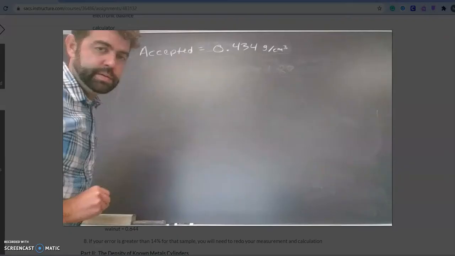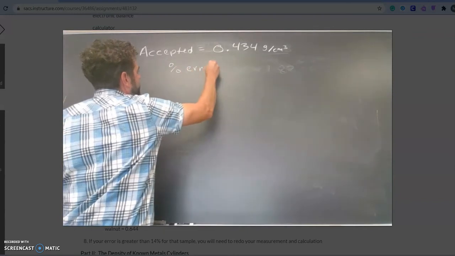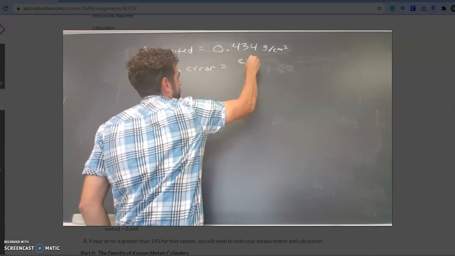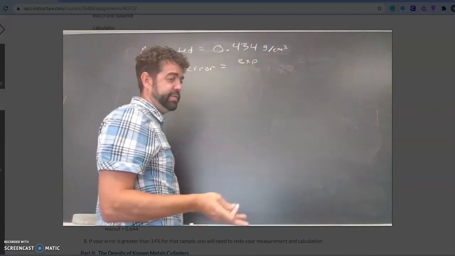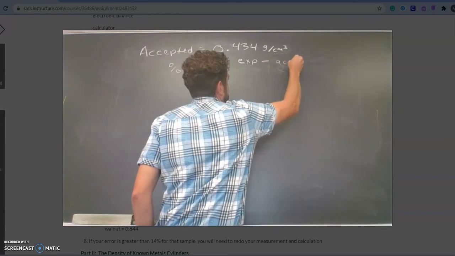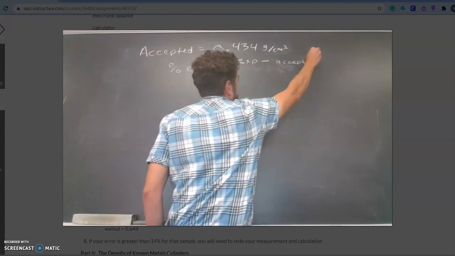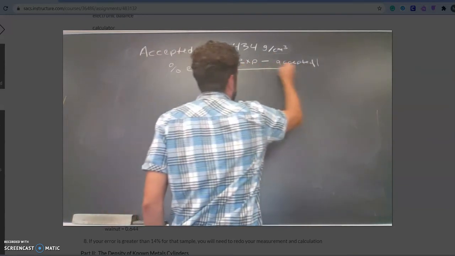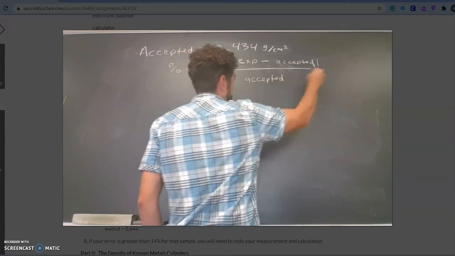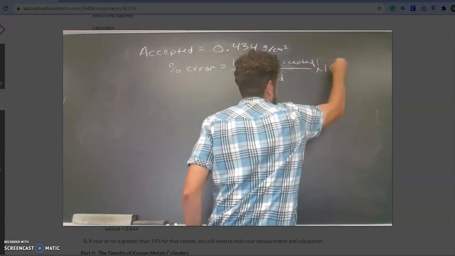Let's do a practice. So remember, my percent error equals what I got, my experimental or my observed, either one, minus what is accepted, which I have to look up, and I have to take the absolute value of that, divided by the accepted, and multiply all of that times 100.